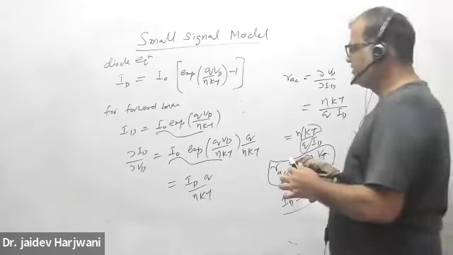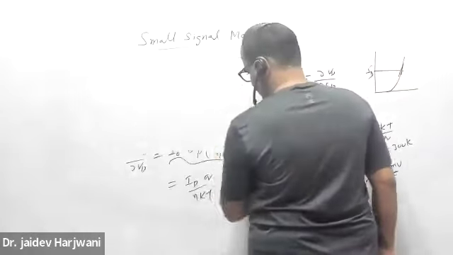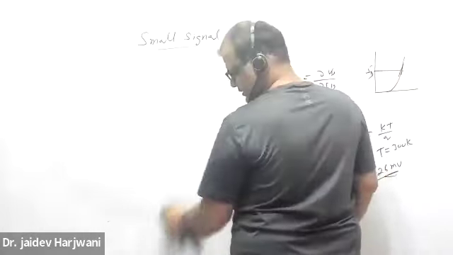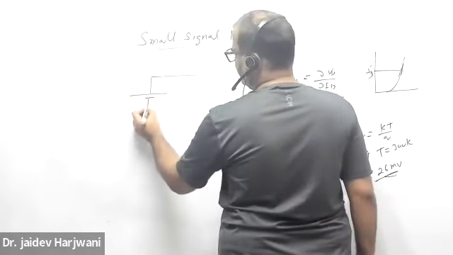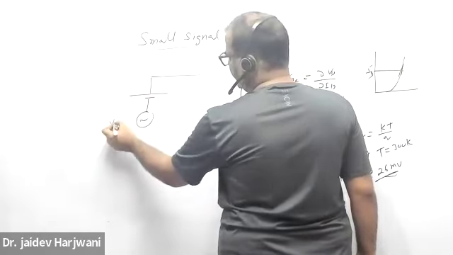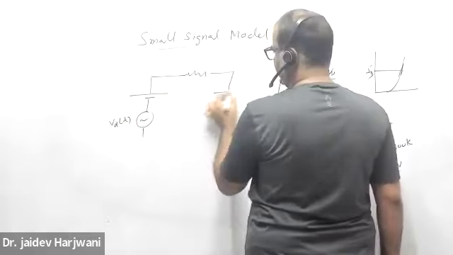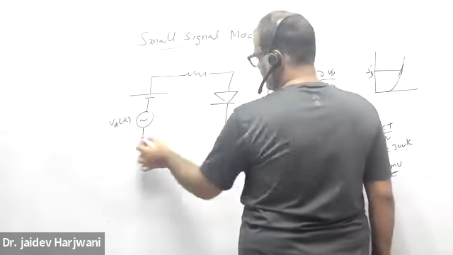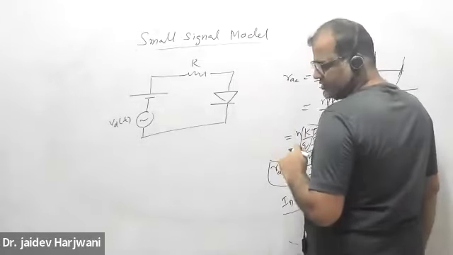So what is the meaning? If you have a circuit with a battery plus a small VDT, and you have a diode and some resistance here, you apply the superposition principle.